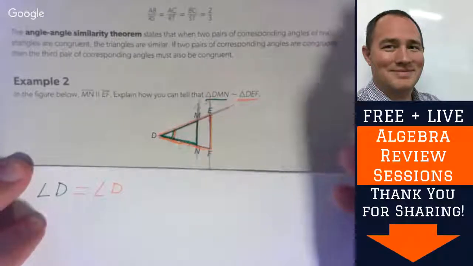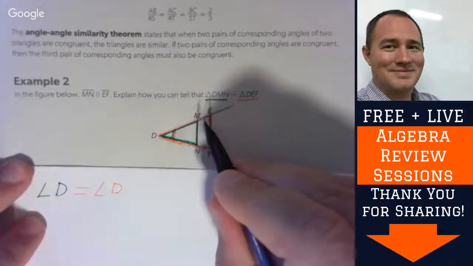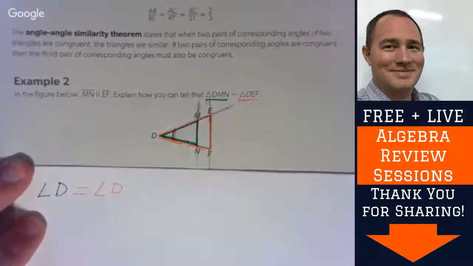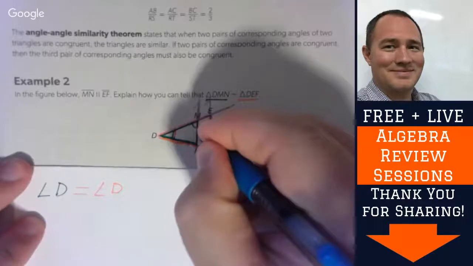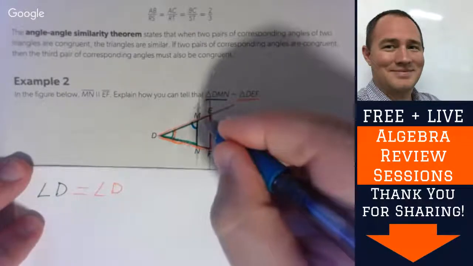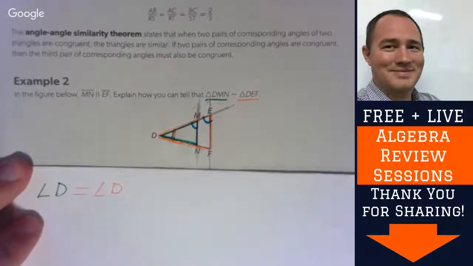And there's a rule about corresponding angles of a transversal passing through a set of parallel lines that would state that by corresponding angles, this angle, so angle DMN, would be the same as angle DEF.